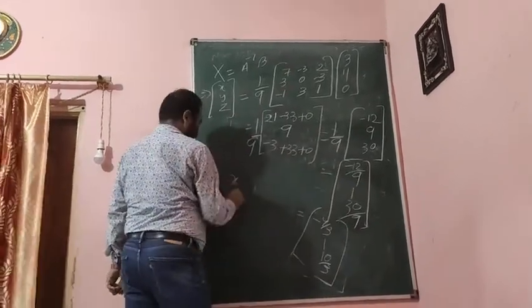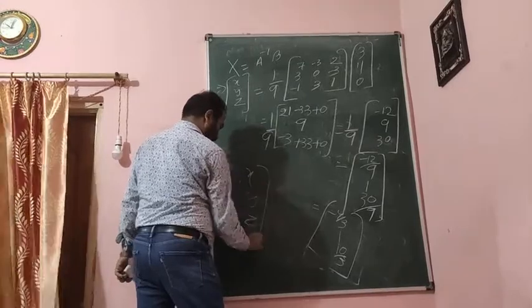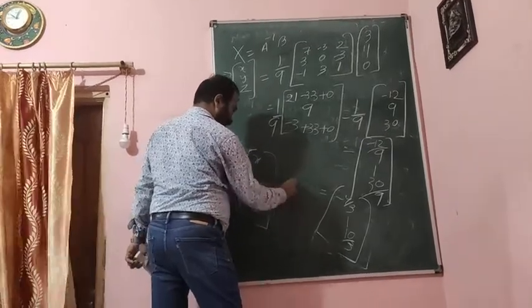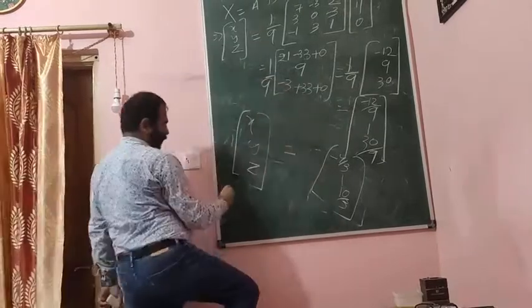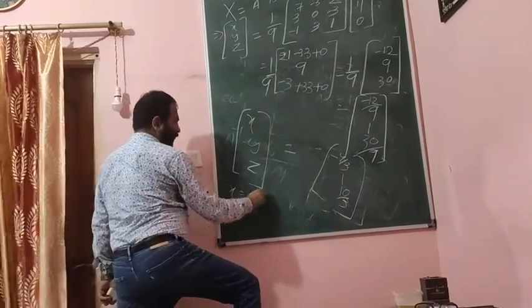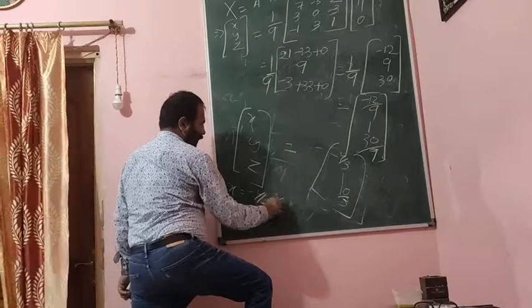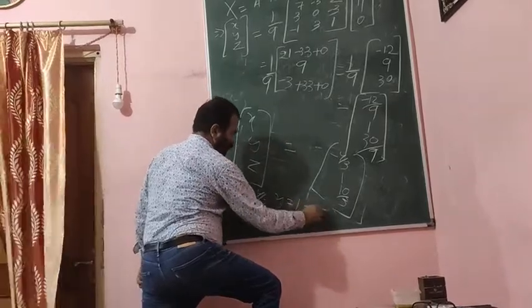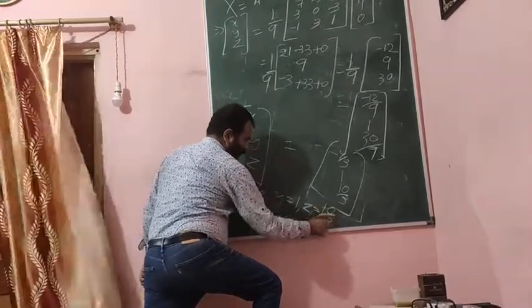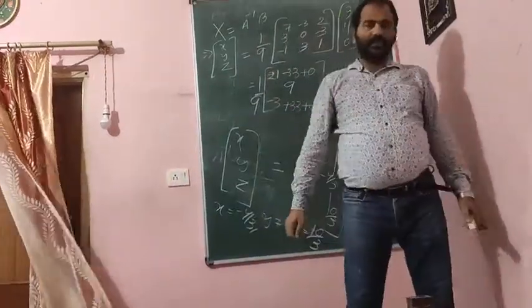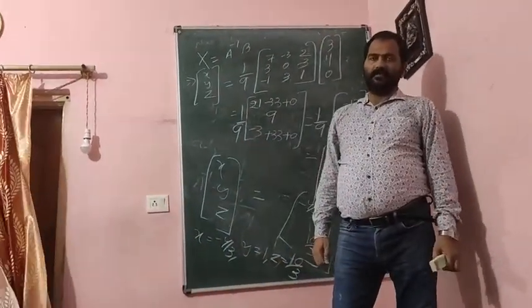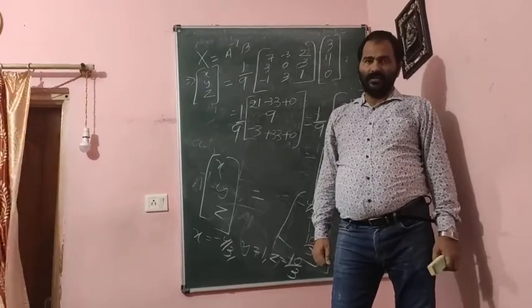This is x, y, z. Okay, so finally, x equals minus 4 by 3, y equals 1, and z equals 10 by 3. So these are the solution. Okay, so this is the process to solve the system of linear equations. Okay, thank you.